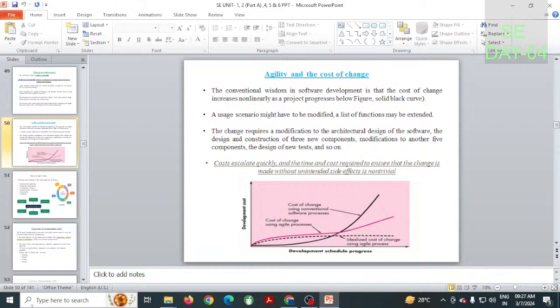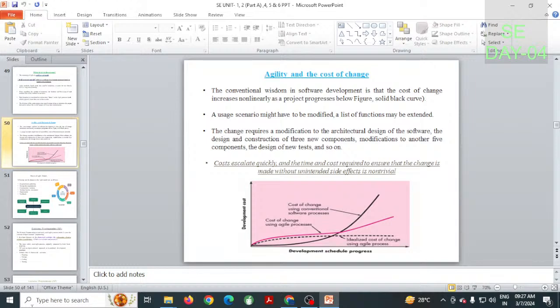Below that slide, there is a figure representation, with an x-axis and a y-axis. In the x-axis, we are plotting how we are scheduling the progress of development, and the development cost is presented in the y-axis.